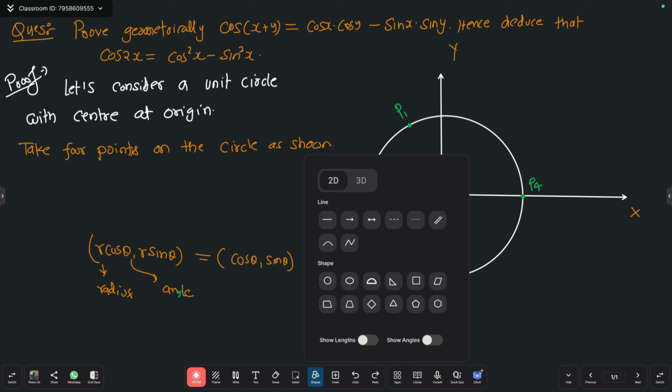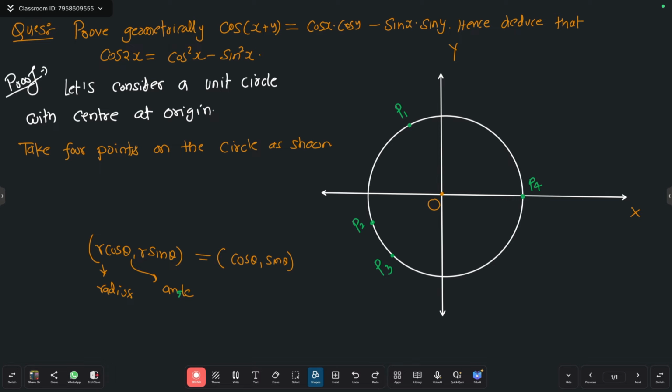Then we have to join these points with the origin. So I will join all these points with the origin. Let me join this one, and this. So I have joined P1, P2, P3, P4, all the points, with the origin. But to give the coordinates of P1, P2, P3, P4, I need to consider the angle also.